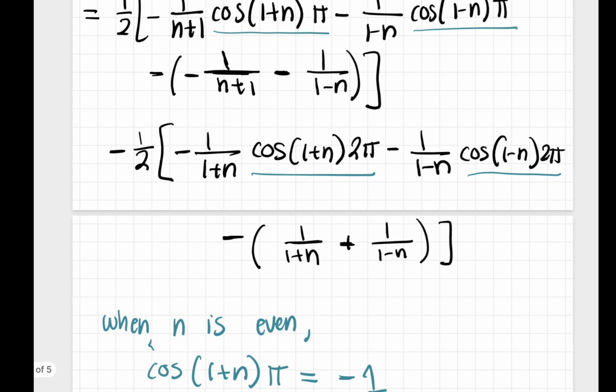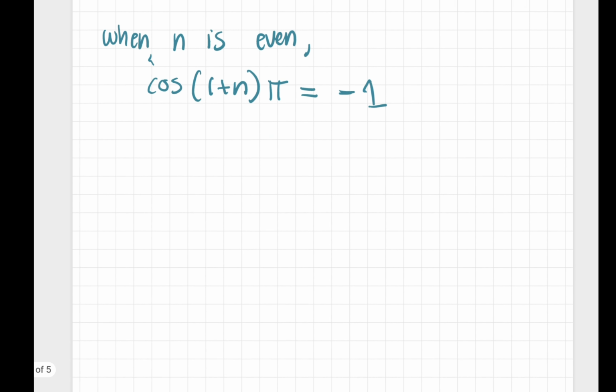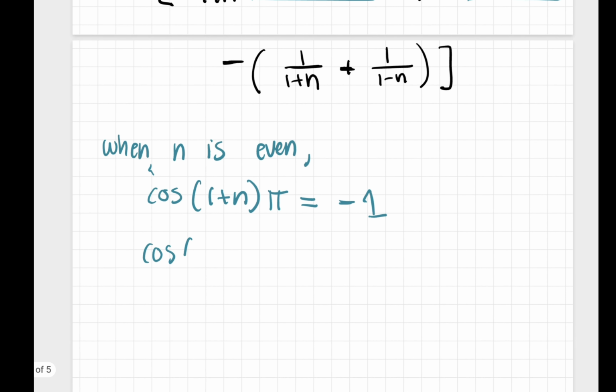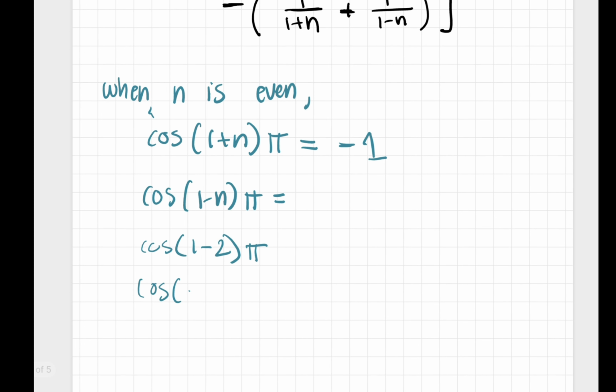Now that we have that, we have to do it for all 4 of these. So then cos of (1 − n)π. Let's see what that is equal to. So we have cos of (1 − 2)π. I'm taking 2 because it's even, but you could take any number. Then you get cos of −π, which is also equal to −1.